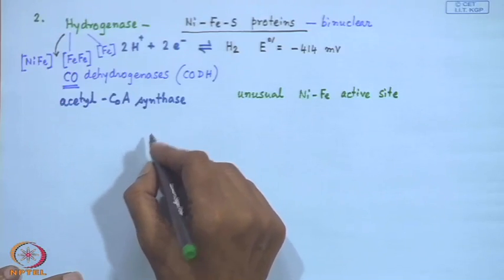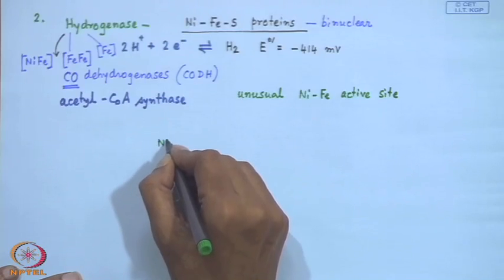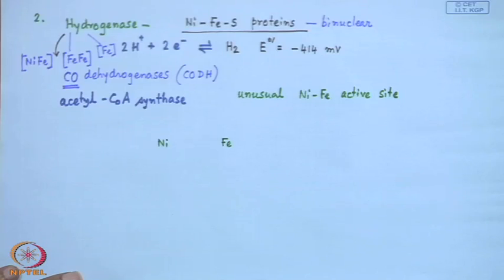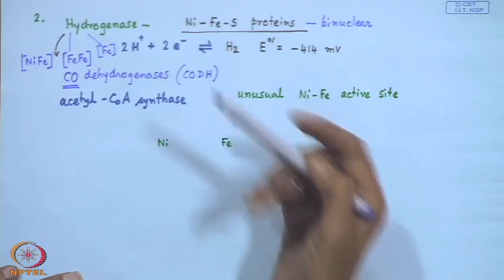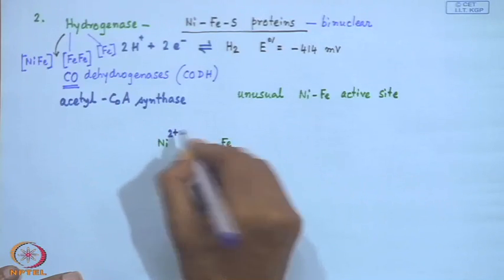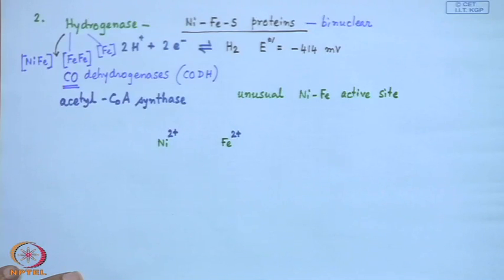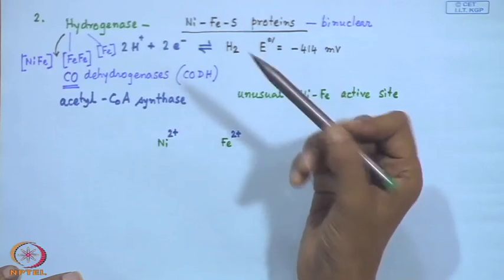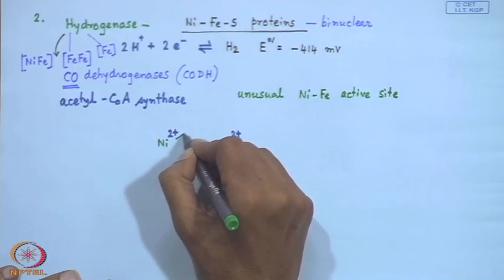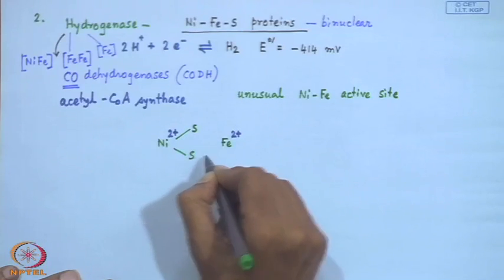So, first of all we have to identify the groups which are binding our two metal centers, that means nickel as well as iron, and the identification of their oxidation states. So, in the resting state both the two metal centers are +2, nickel +2 and iron +2, and the unique bridging groups are sulfur.